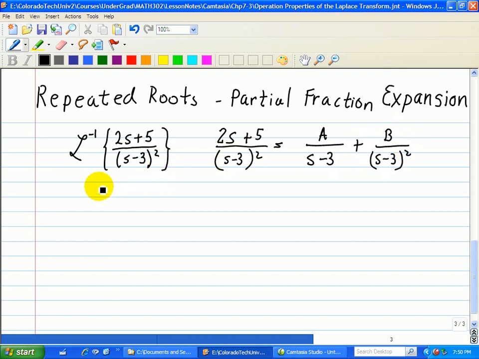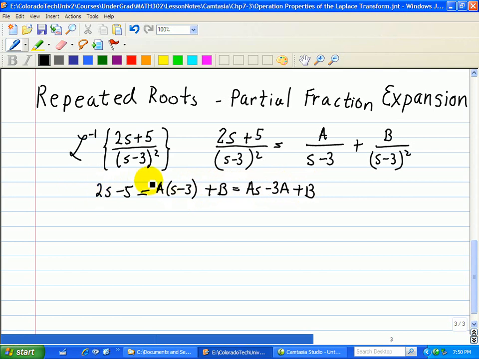Now the numerator will yield 2s minus 5 is equal to A(s minus 3) plus B. Multiplying it out, we have As minus 3A plus B.